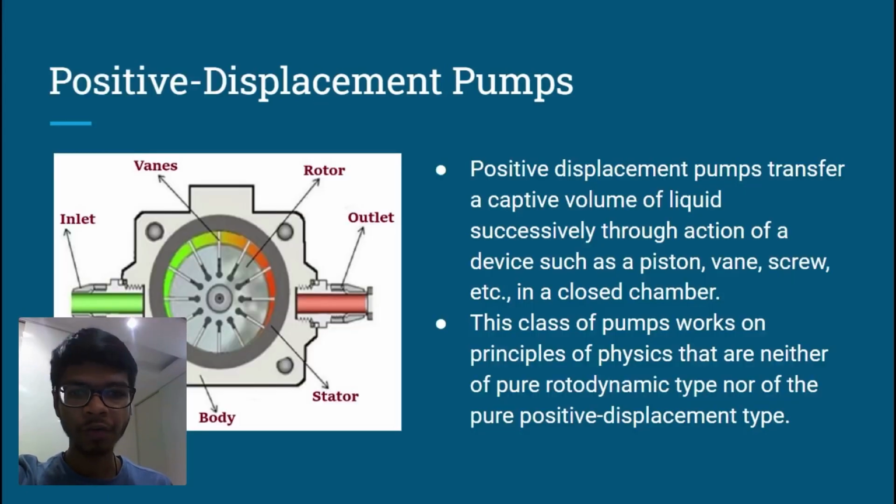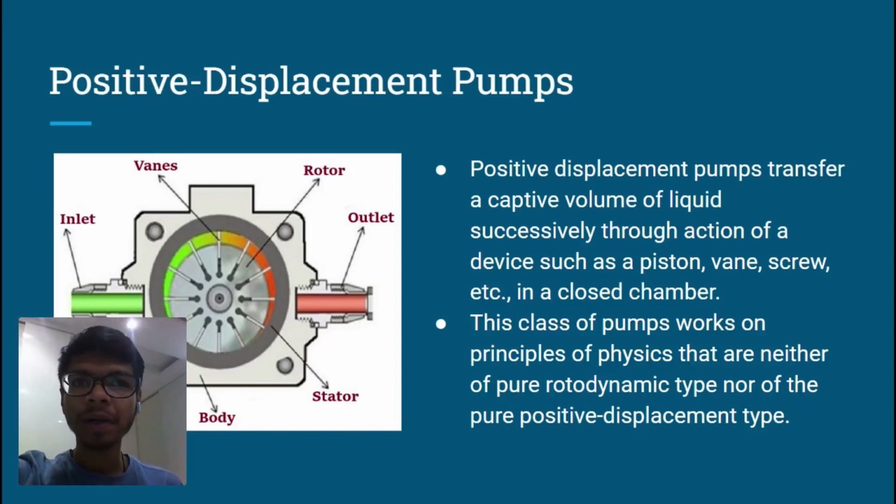So moving forward to the positive displacement pumps. Positive displacement pumps transfer a captive volume of liquid successively through action of a device such as piston, vane, screw, etc. in a closed chamber.